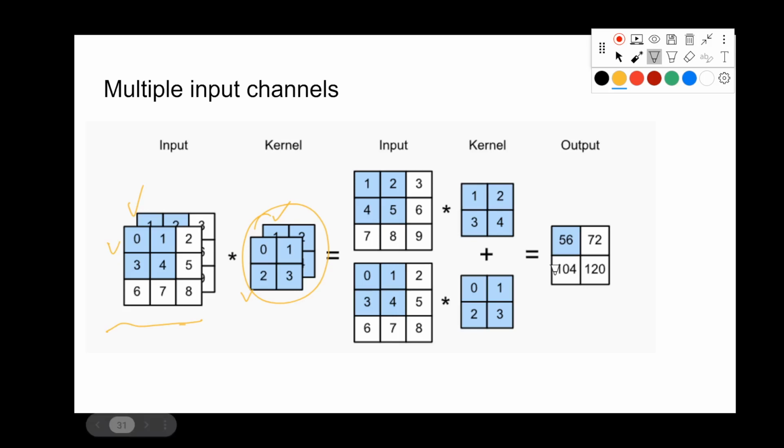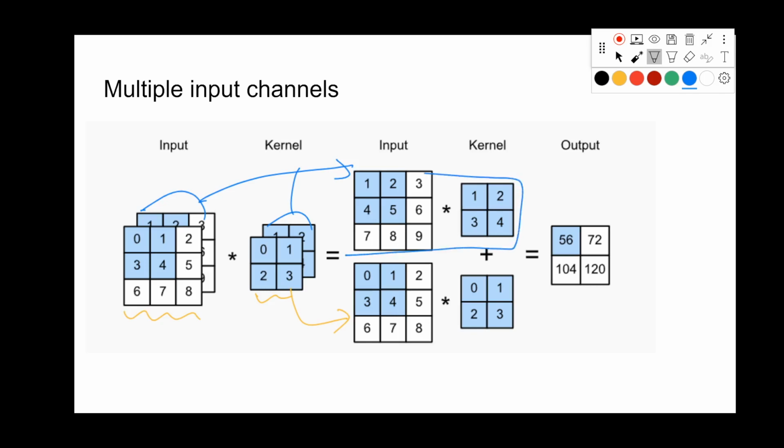This input and this filter produce this output, and this input and this filter produce this output. Then we add them together to produce a single output channel.